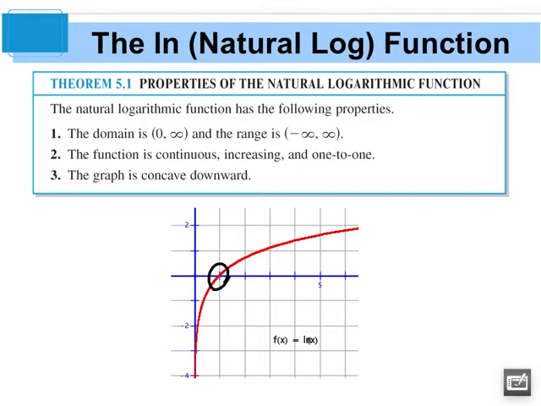Why would it be (1, 1)? This is 1 over x. That's true. But how is the natural log defined? As the antiderivative of 1 over x. Correct?